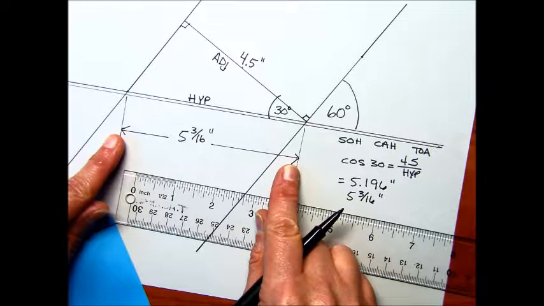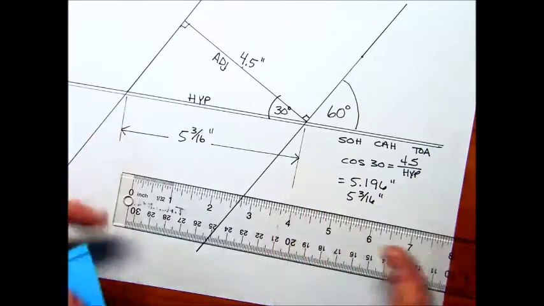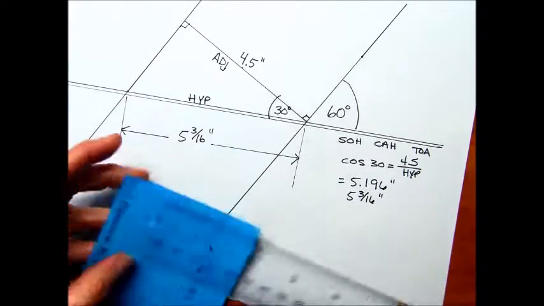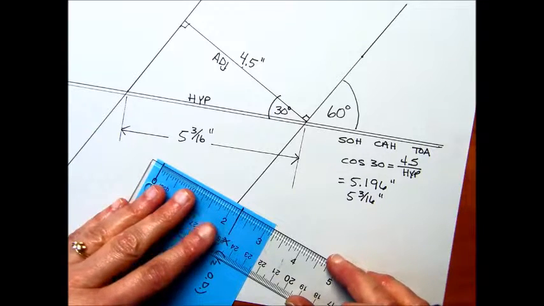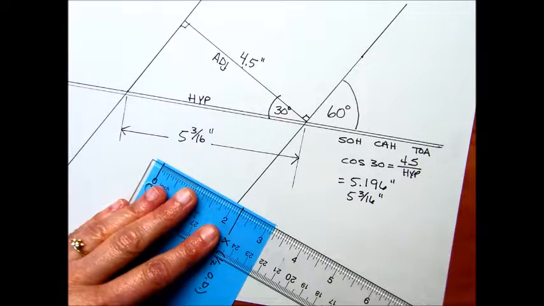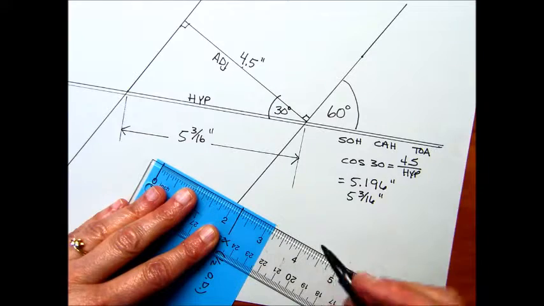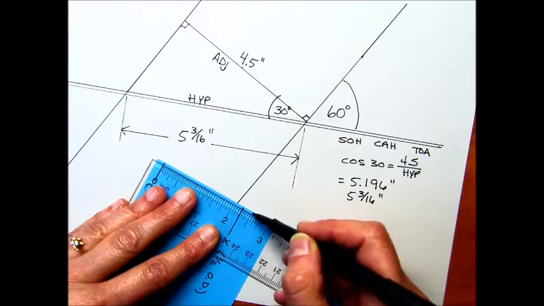We just know it's a 32nd shy of 5/8. So let's go ahead and make it 2 and 5/8, or if you want to go to 32nds, that's fine. So that's 2, half, 5/8 right there.